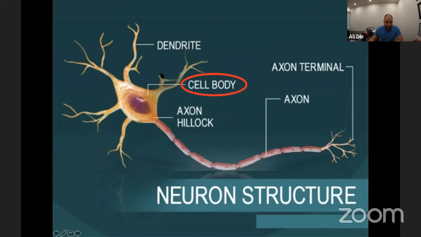Then we're into the cell body. Whenever you hear the term gray matter being thrown about for the brain or the spinal cord, the grayness actually comes from the cell body, from this structure over here. Like any cell, the cell body contains organelles that are important to the neuron's own life and function, including the nucleus.